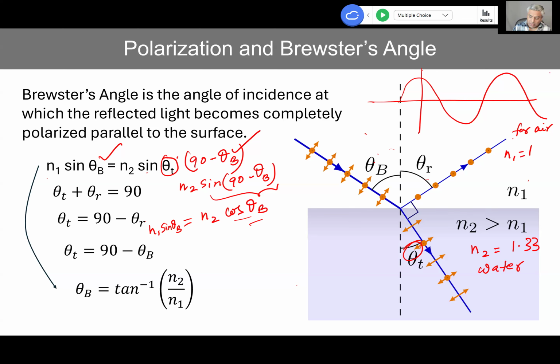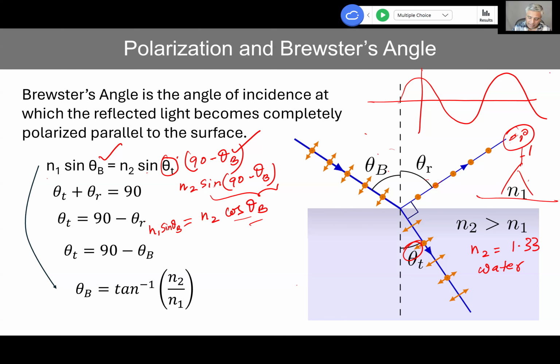Now, if you are standing somewhere here and your eye is getting that light, you see there is a glare. You want to avoid that. Where should you put your head, and at what angle, so that you don't get that glare, just the polarized light coming to your eyes?